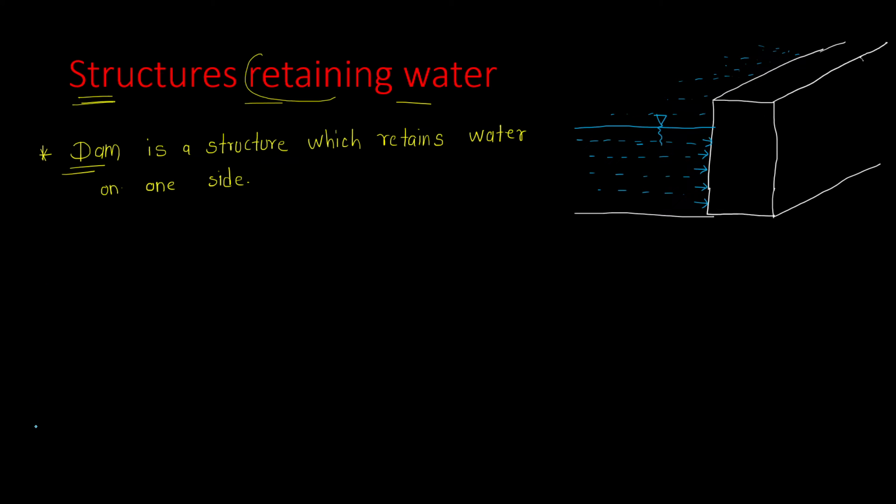So the next point we'll write about is water pressure. The pressure which is exerted by water is called water pressure. Now here one point we should understand is the water pressure distribution.